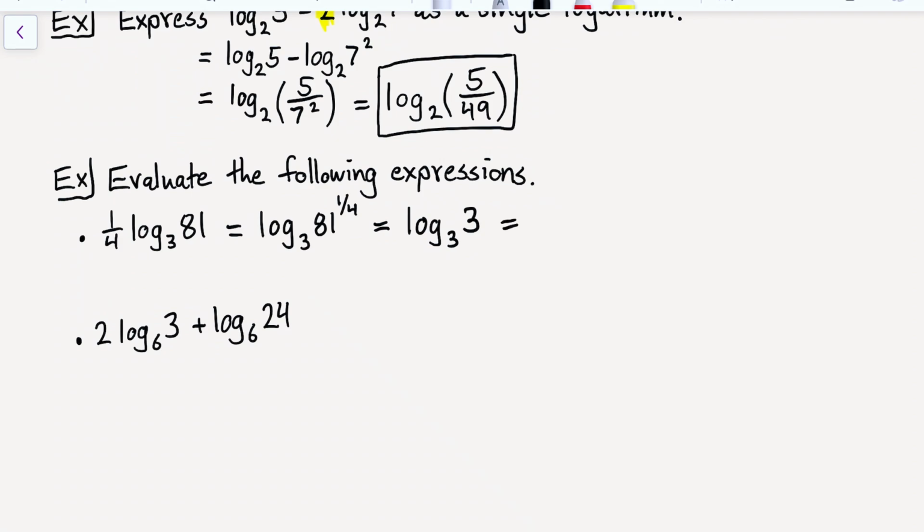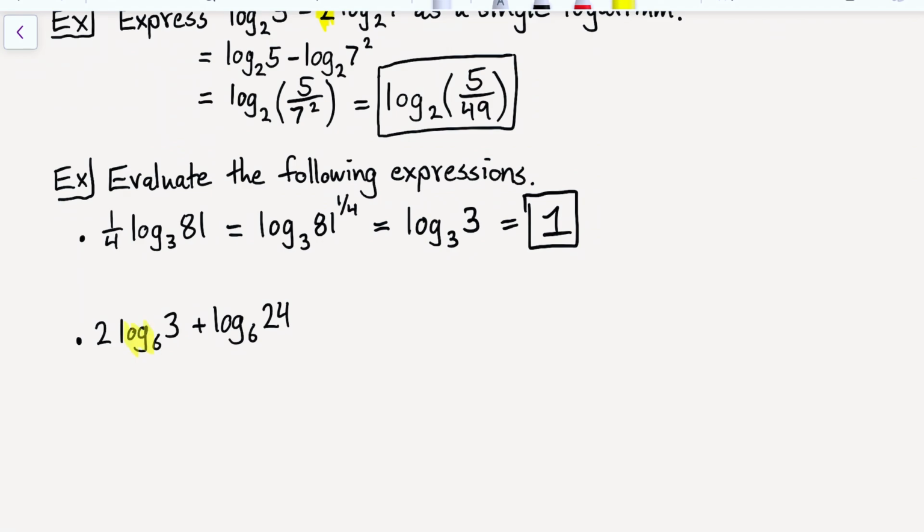It's the 4th root of 81. So this is equivalent to log 3 of 3, which is equal to 1. Log base b of b is always equal to 1. So that's not the only way to get the output value to evaluate this expression, but using the law of logarithms did help in this case.